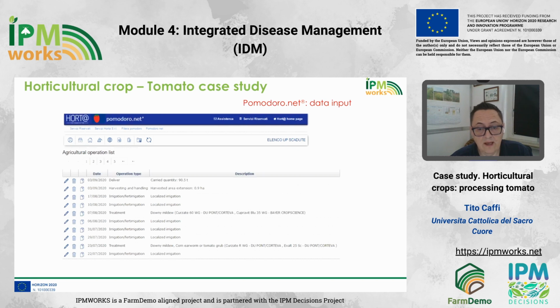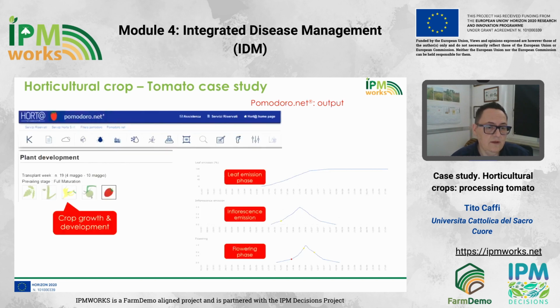We can give into the loop of the decision-making process and decision support system all the information about all the treatments in terms of action, not only referred specifically to fungicide application, but also to agronomical, technical interventions that are carried out in the field.